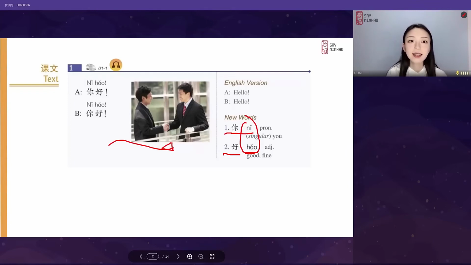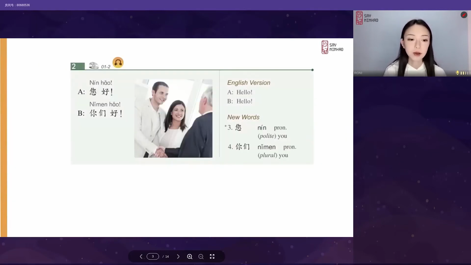B said, 你好. They are greeting each other, 你好, right? So this time, try to read after me, okay? 3, 2, 1. 你好. This is the most common way to greet each other in China. 你好. Okay, let's try to learn another way to greet people.